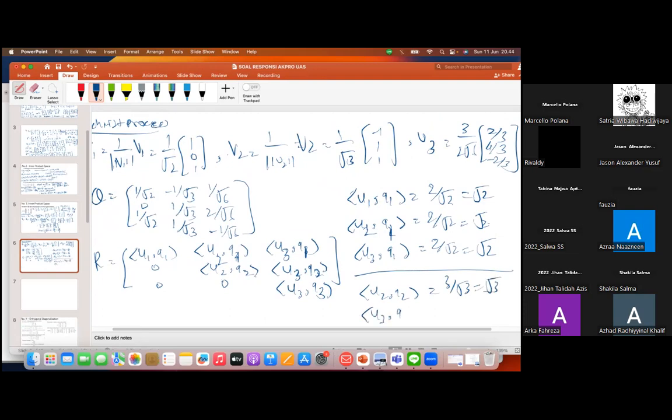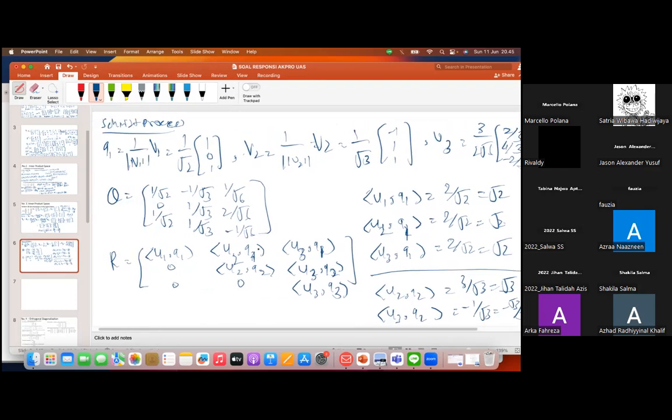And U3 comma Q2 is negative 1 plus 1 over root 3, which equals negative root 3 over 3.